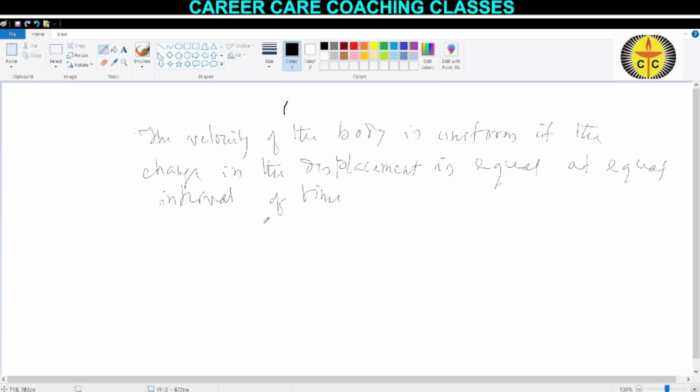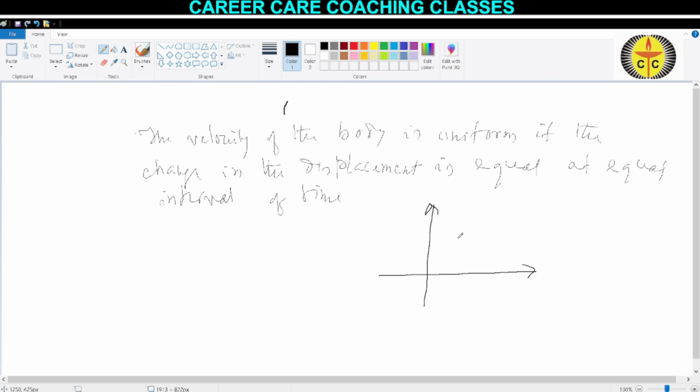So we'll draw a figure now. This is the y-axis and this is the x-axis. We will take three positions of a particle while moving on a plane.